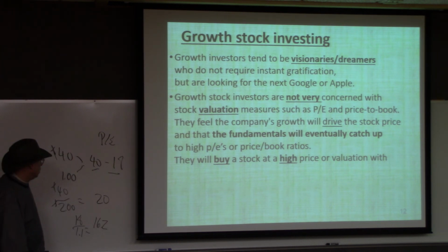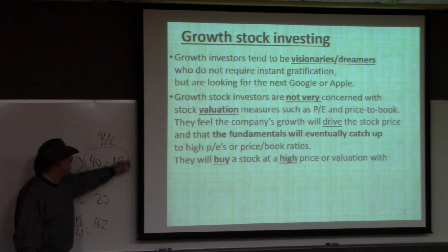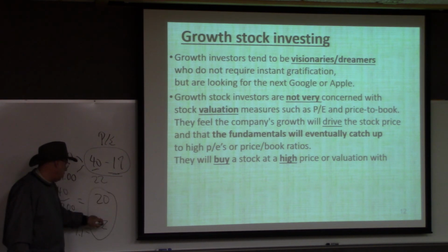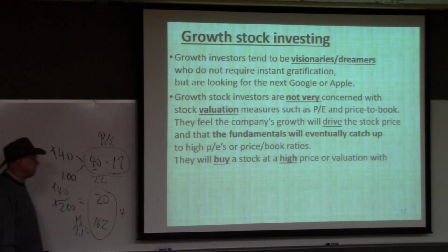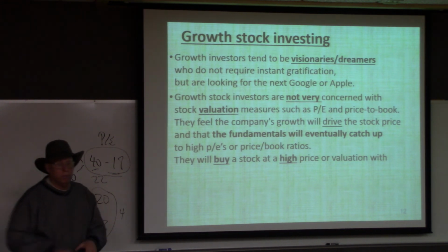So look at the difference now. We've got a PE difference here of 22 times and a PE difference here of only 4 times. Why does that happen? Because of the growth rate of earnings. Growth will solve the valuation problem.